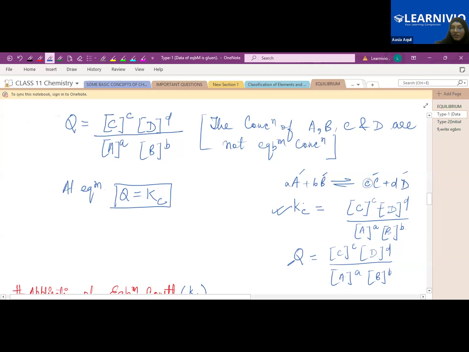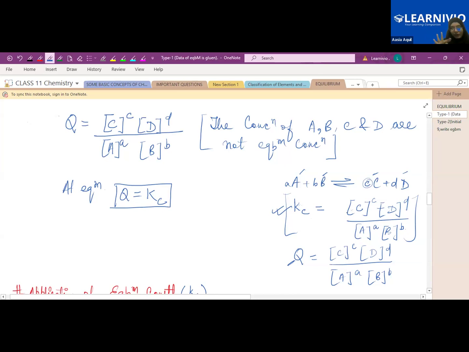But if we are writing the Kc expression, it is always compulsory that all the concentrations, whether of the reactants or the products, are equilibrium concentrations. That's the difference between these two.